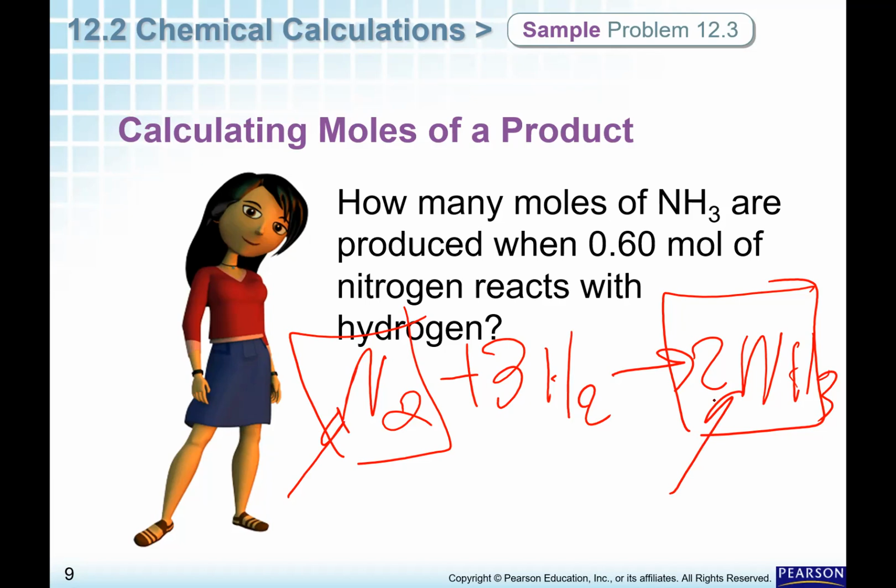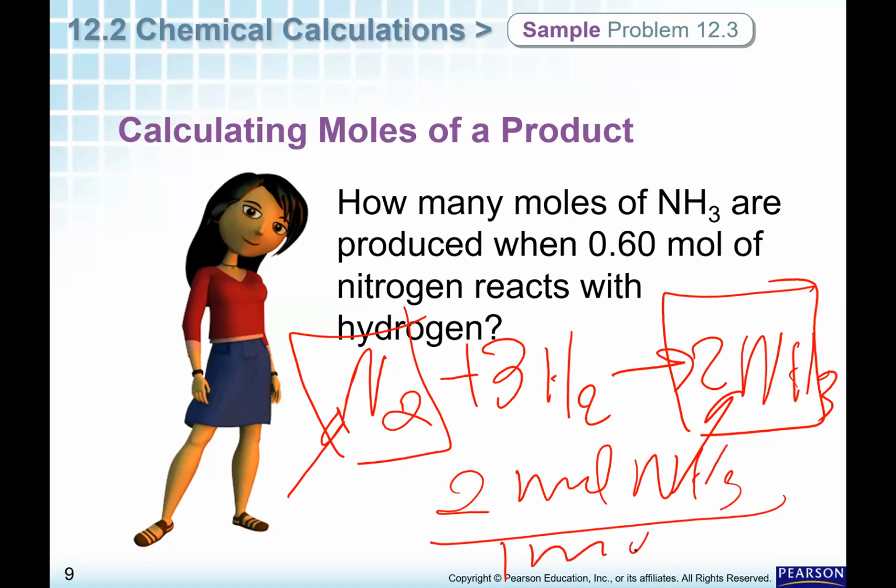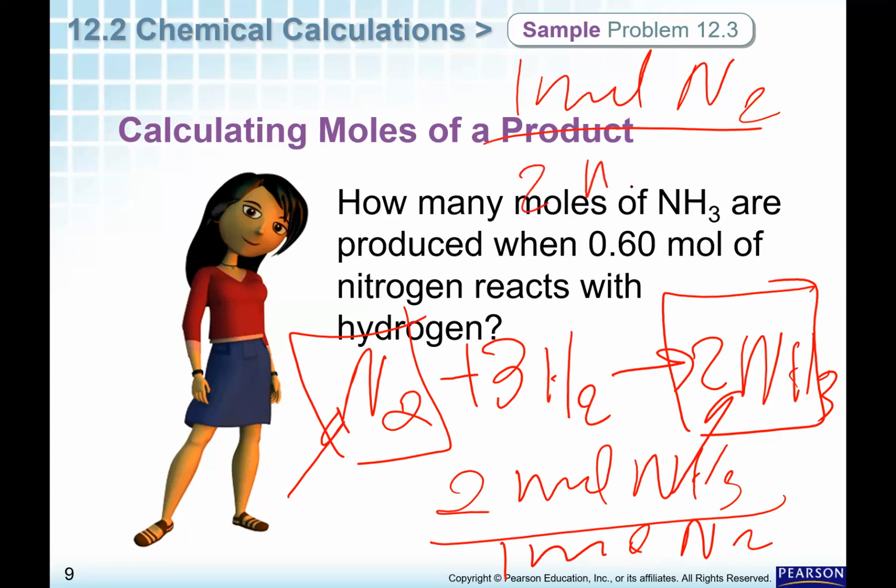But how can we write it? Are we going to write it as 2 moles of NH3 divided by 1 mole of nitrogen, or shall we write it as 1 mole of nitrogen divided by 2 moles of NH3? We have the choice to use it this way or that way.